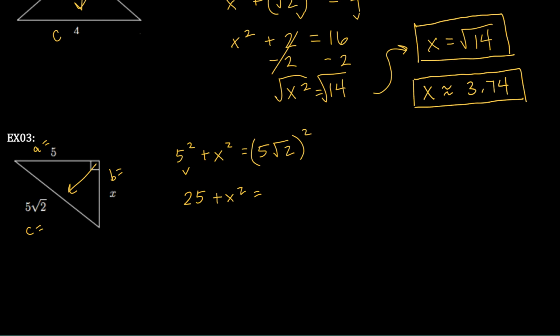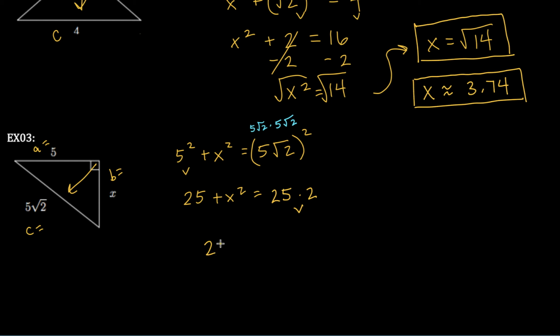This means 5 square root of 2 times 5 square root of 2. Okay. So 5 times 5 is 25. Square root of 2 times square root of 2 is 2.